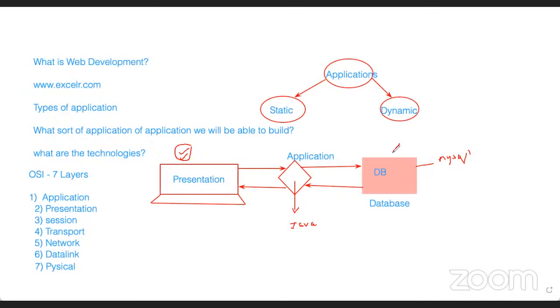And being a front-end developer, you don't need to understand how this system works. You also don't need to understand how this system works. And the communication between these two systems, you need not understand at all. Our major focus is on the presentation layer and how the data is communicating between the presentation layer and the application layer.